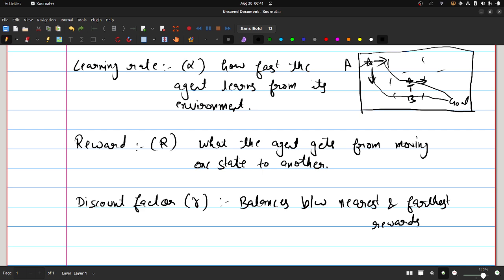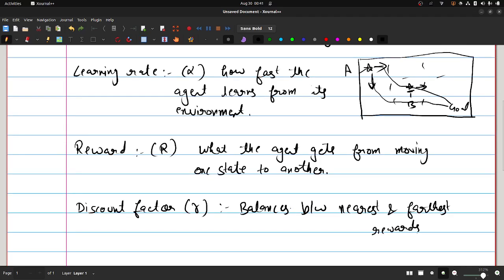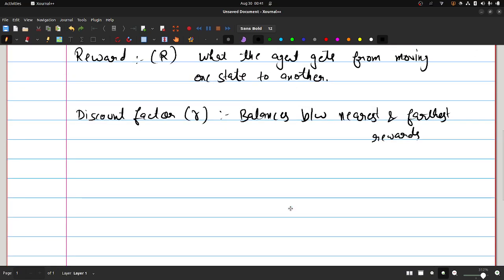So these are the basic parameters for Q learning, and the update function, the update rule for how the agent is learning, is determined by this. This is the Q value for a new state, given the state s at time t and action a at time t.